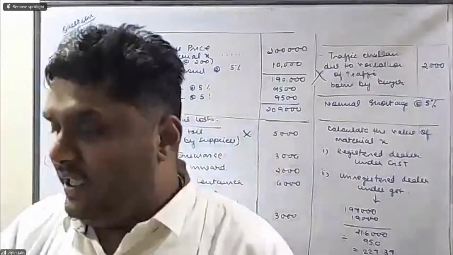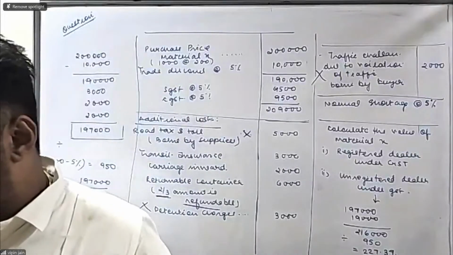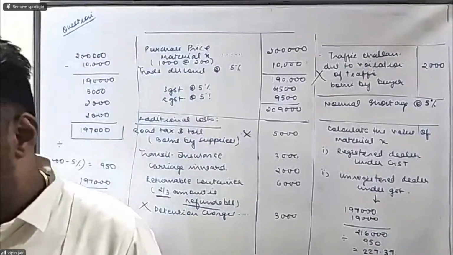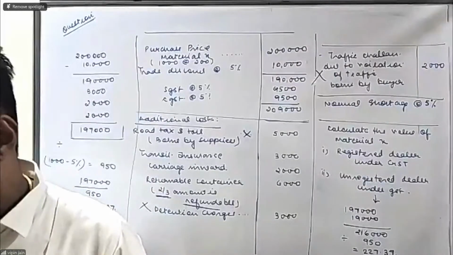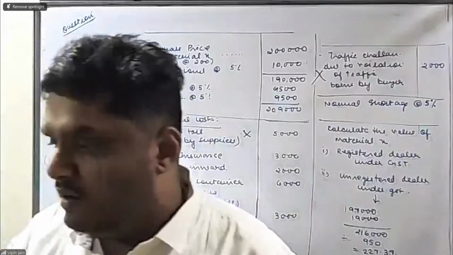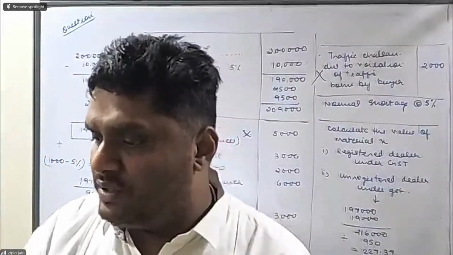If you guys have any doubts in this part, you can please post your query. Very good, everyone. That's what I'm saying, Priyanka, that many students were not able to post the correct answer.